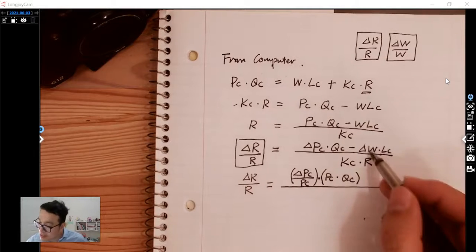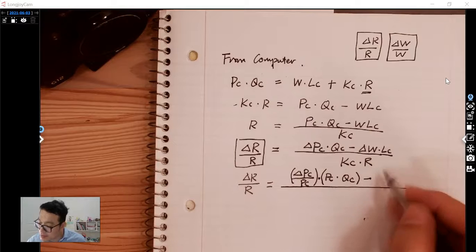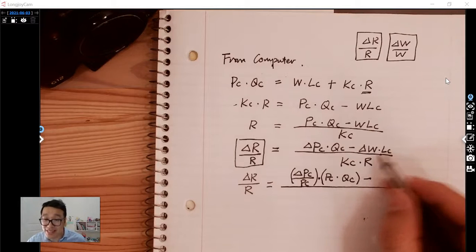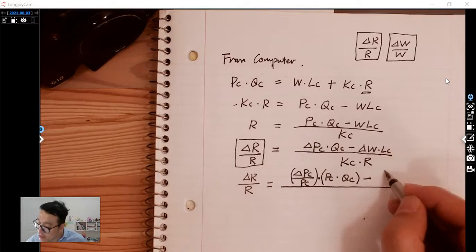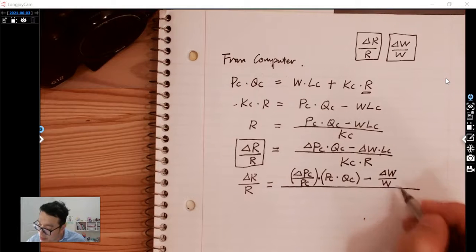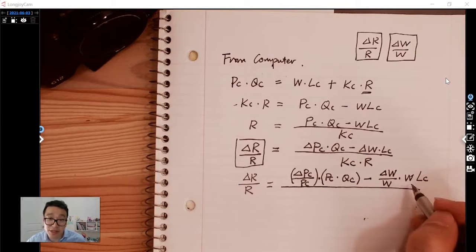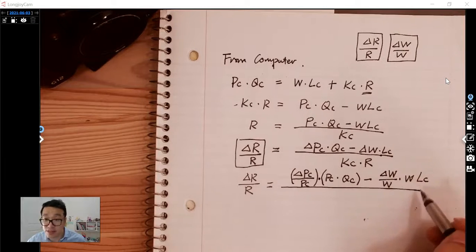Now let's take a look at the second part, minus delta W times LC. Once again, we don't know what it is, but we can transform it: we divide delta W by W, and then multiply by W back, and then times LC. This W over W equals 1, so the term equals delta W times LC. They are the same.